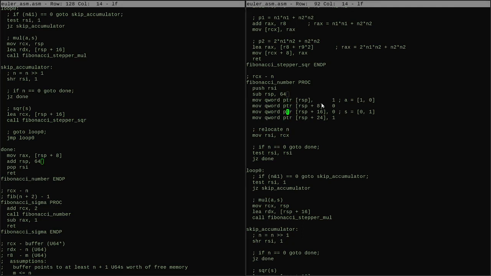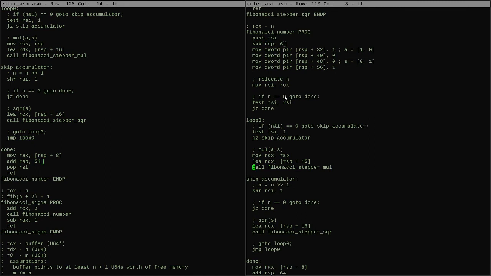I still need 32 for this stuff, but I want all of this to now get shifted in by 32. So there's gonna be 32, 40, 48, 56, right? That is important because we need to leave 32 bytes there so that we can do call instructions.